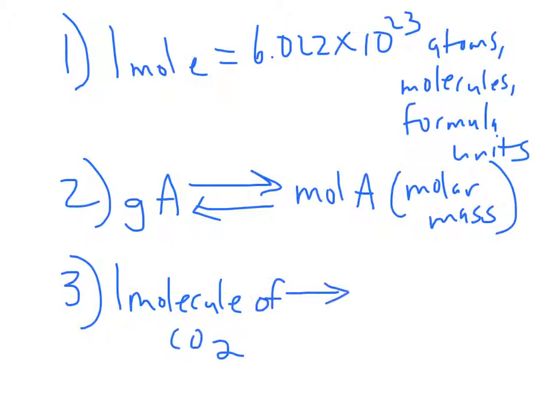In 1 molecule of carbon dioxide, there are 2 oxygen atoms. So going back and forth here can be a useful conversion, and that's what I wanted to concentrate the last part of this video on, was this very last conversion factor. Being able to talk about a part of a molecule and using that as a conversion factor.